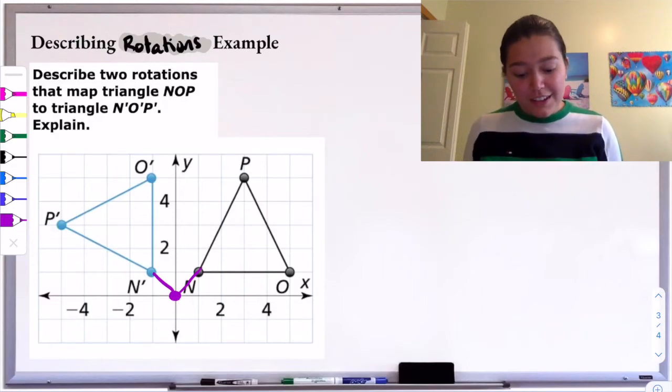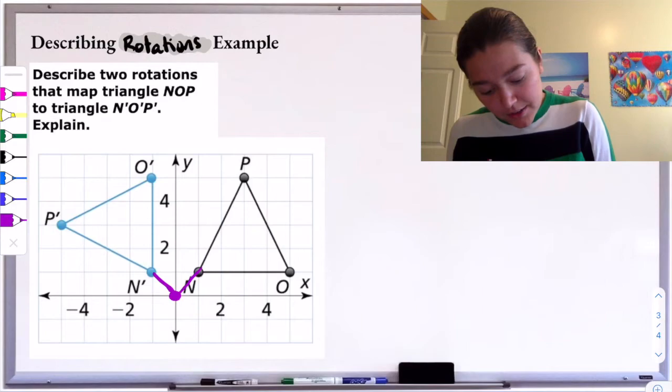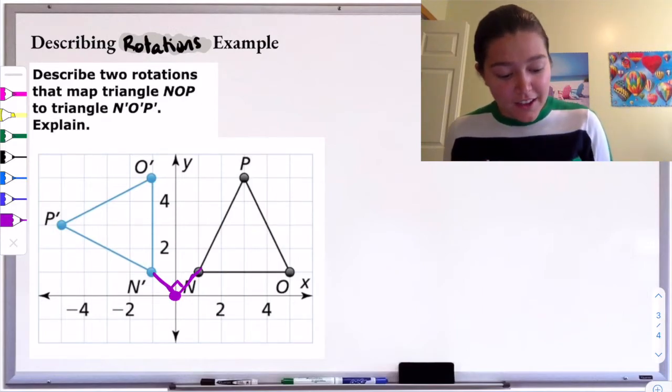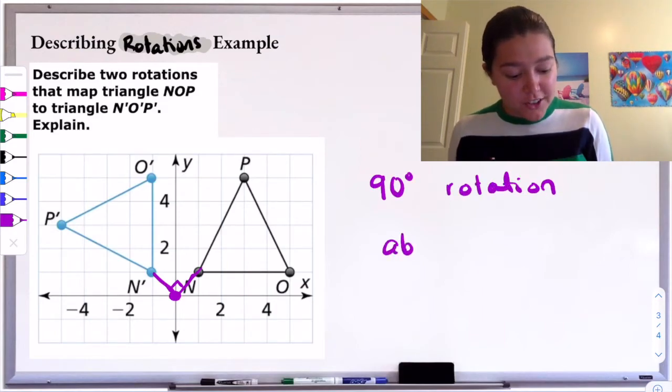Okay, and then we see what angle is formed by these two line segments. They form a 90-degree angle, or a right angle. So that means we have a 90-degree rotation. We're going to need the direction, and then it's going to be about the origin.